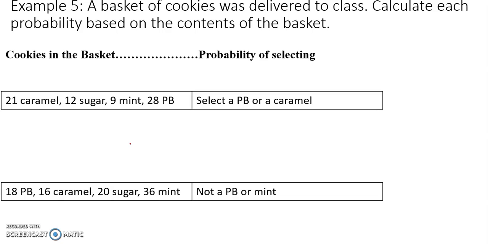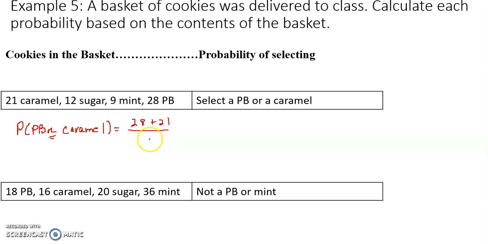In our last two examples, we want the probability, and now we're going to do two different types. So we want the probability that it is peanut butter or, and we'll be looking at this more carefully and in more detail when we get to class next Wednesday after break. So a peanut butter or a caramel. Well, there are 28 peanut butter and there are 21 caramel. So either way, if we pick either one of those, that is a success.